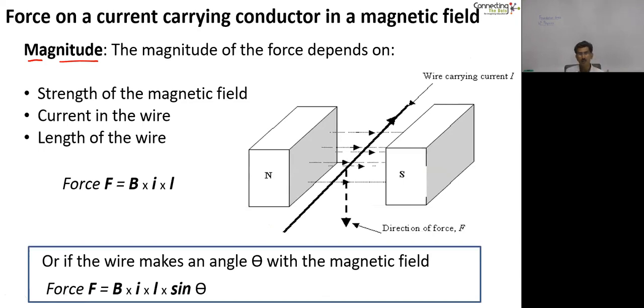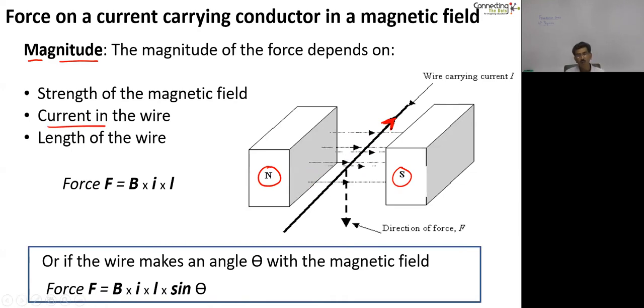There are three factors that determine the magnitude of the force. One is the strength of the magnetic field, which is how strong are these magnets? Are they weak magnets? Are they strong magnets? How strong is the magnetic field between these permanent magnets? That's the first question. The second question is, what is the current in the wire? Remember, there is a current flowing through this wire.